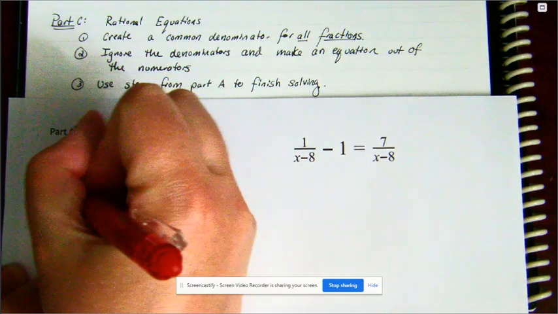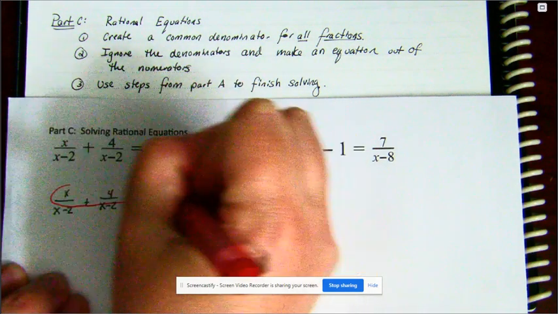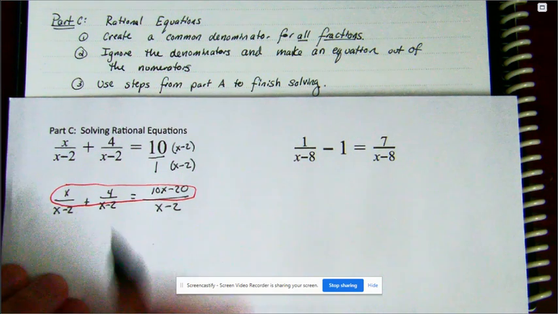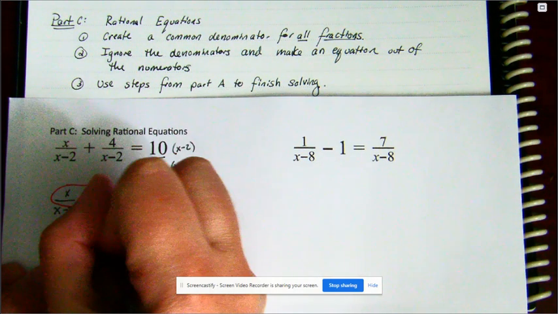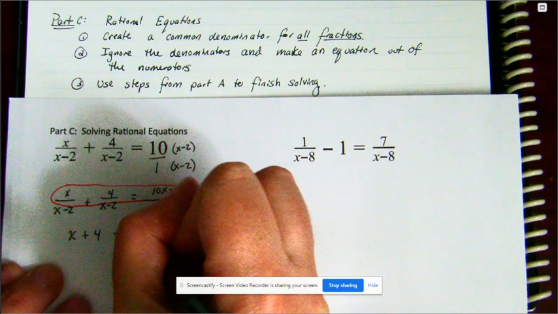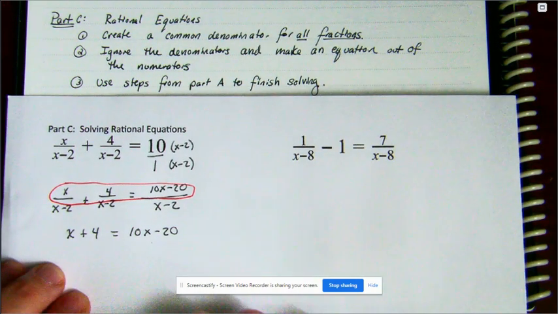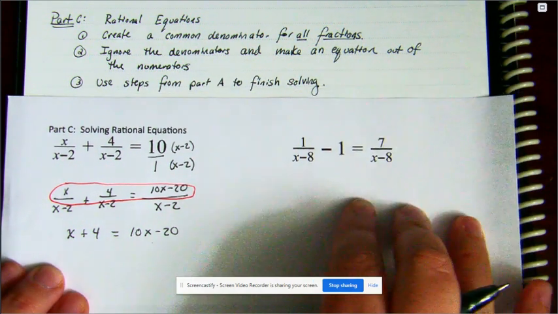So here, I'm just going to look at the very top. Ignore the fact that we got x minus 2 on the bottom. The new equation we have on the top here is x plus 4 is equal to 10x minus 20. This is the equation that's going to help us find the answer.